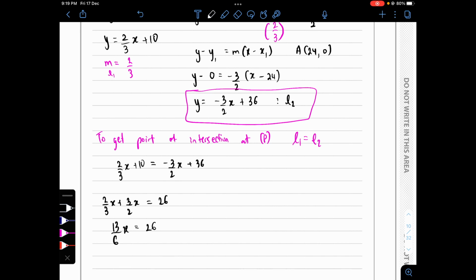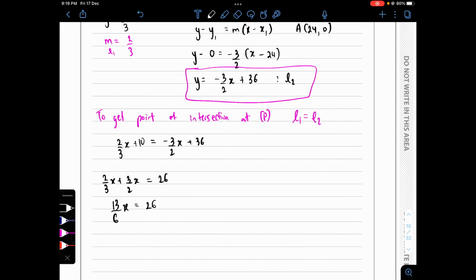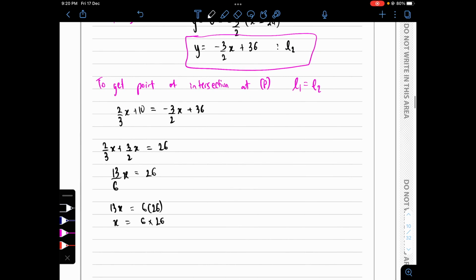Alright, so now we can find what x is. 13x equals 6 times 26, so x equals 6 times 26 divided by 13. Now I know that 26 over 13 is 2, so x will be 6 times 2, which is 12. So we have the x coordinate, right? How do we find the y coordinate of point P?